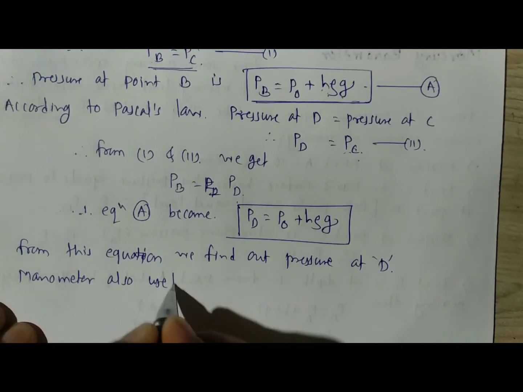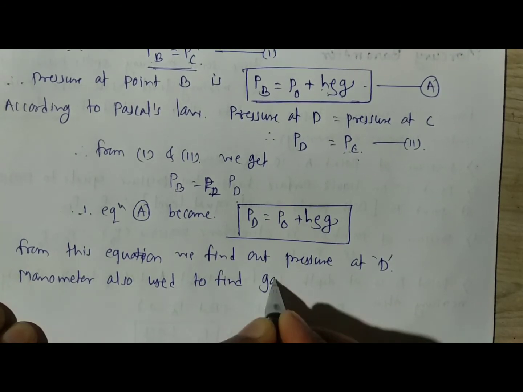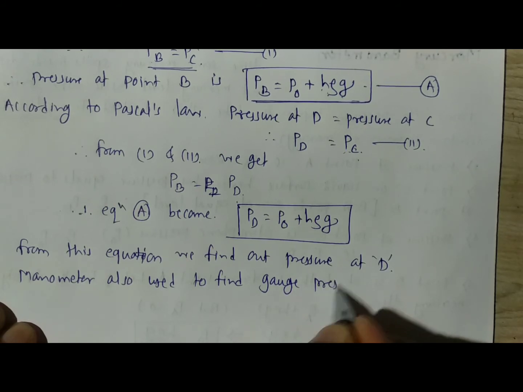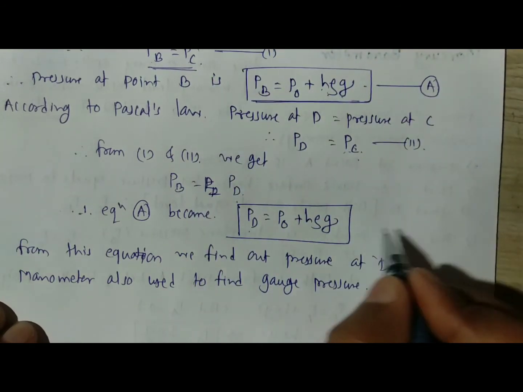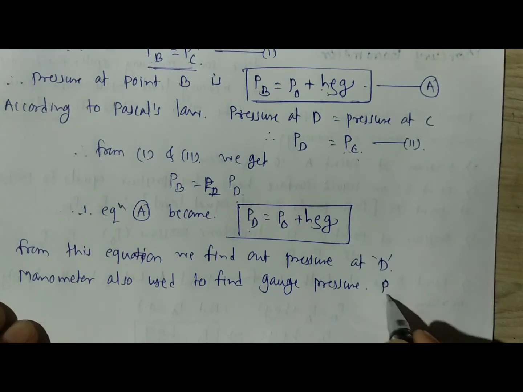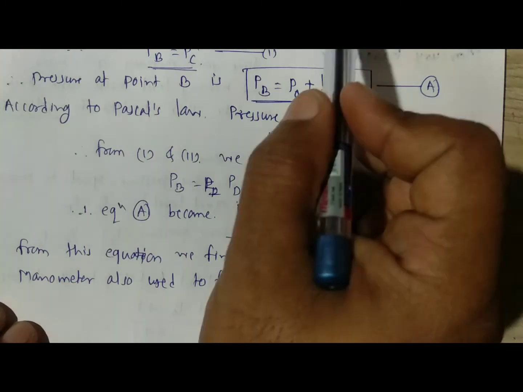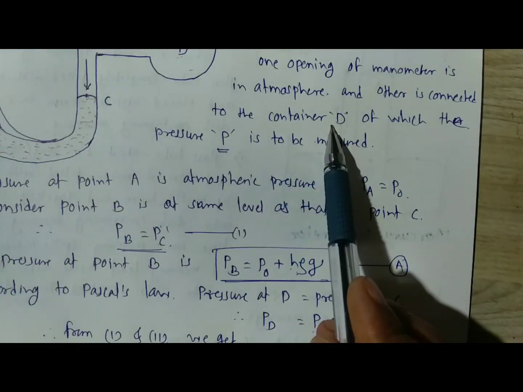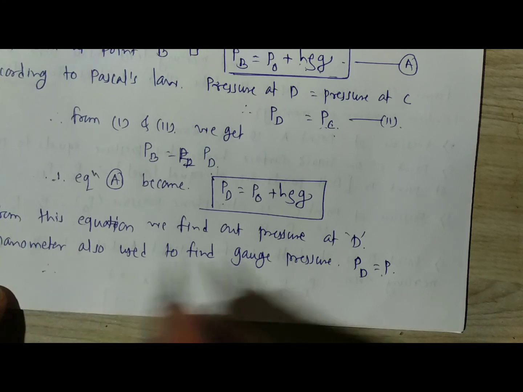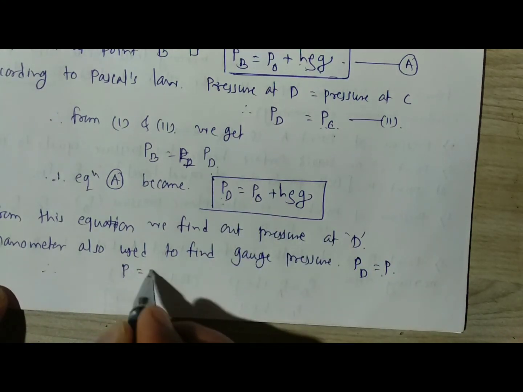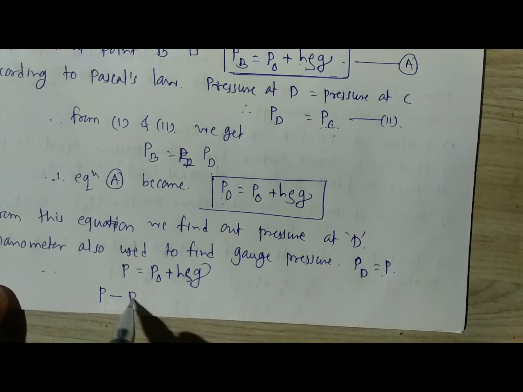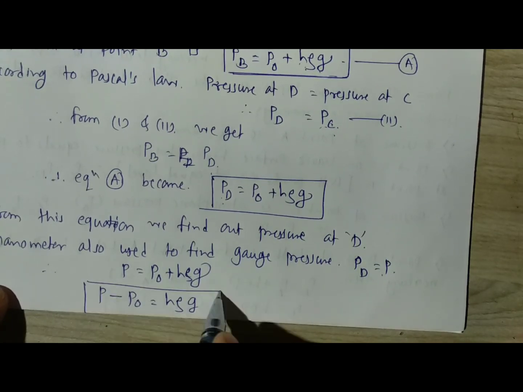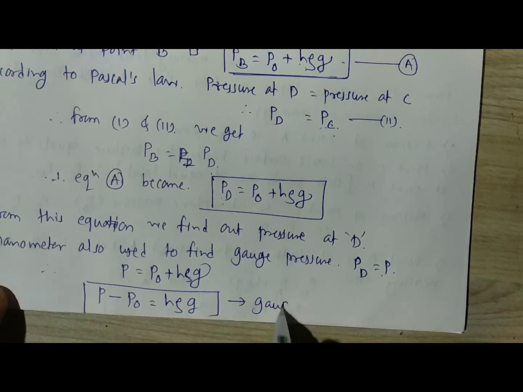This PD is the pressure at point D. Right now PD is equal to P, because the pressure inside the container D is P, which is PD is equal to P. Therefore, putting PD equal to P, P is equal to P0 plus h rho g, and from this equation P minus P0 is equal to h rho g, and this is nothing but the gauge pressure.